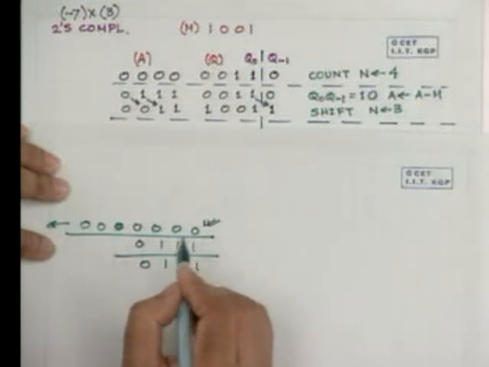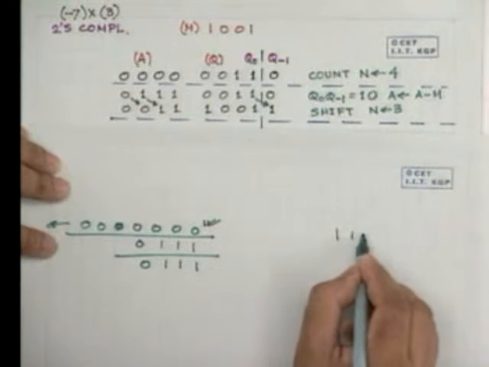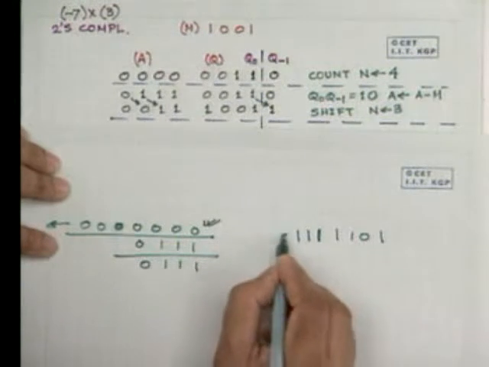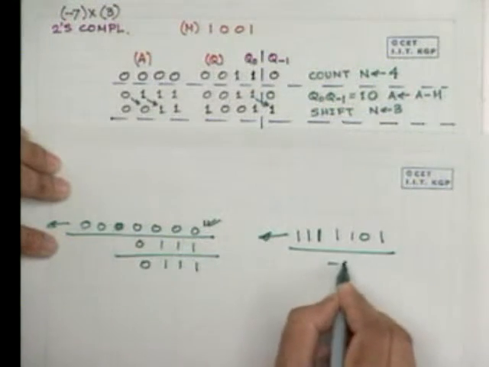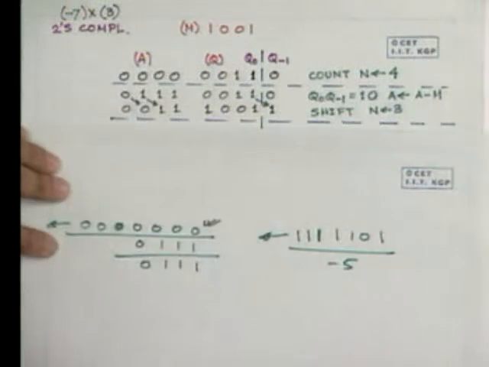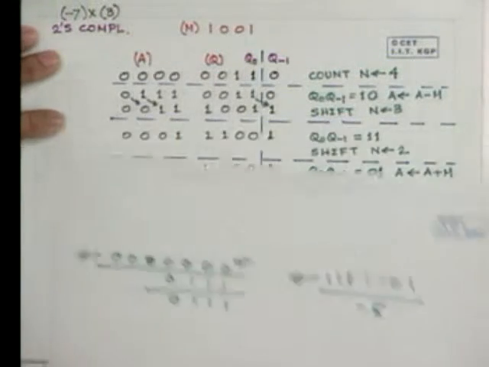For example, if it's a negative number, say 101, which is -5, and I go on propagating the sign bit towards the left, then it remains -5. That is why we replicate the sign bit. This shift is called the arithmetic shift right.